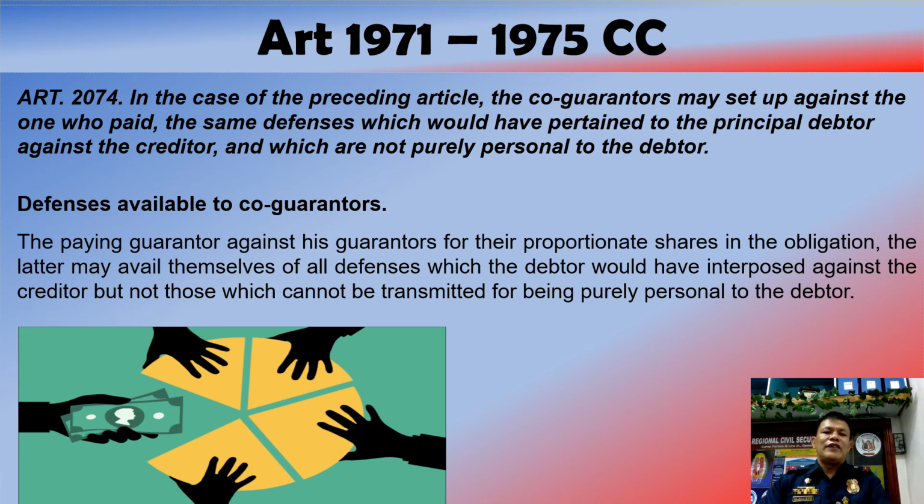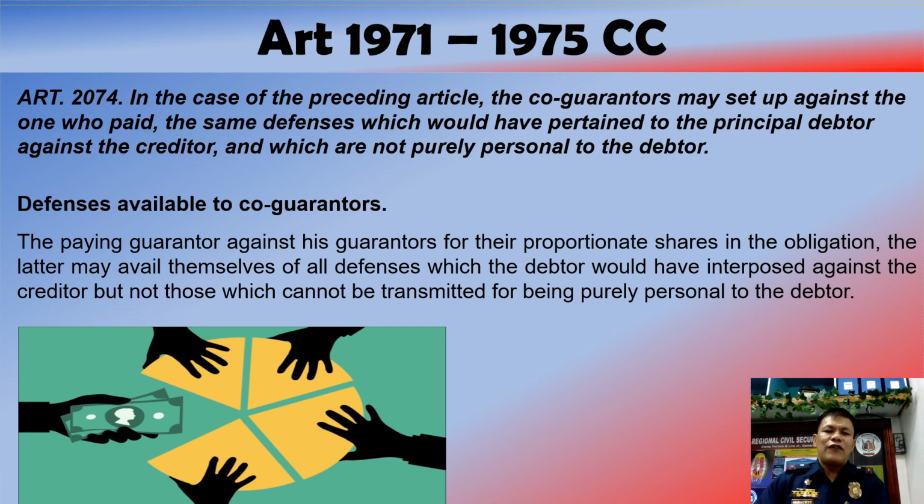Article 2074 provides, in the case of the preceding article, the co-guarantors may set up against the one who paid the same defenses which would have pertained to the principal debtor against the creditor, and which are not purely personal to the debtor. Defenses available to co-guarantors.